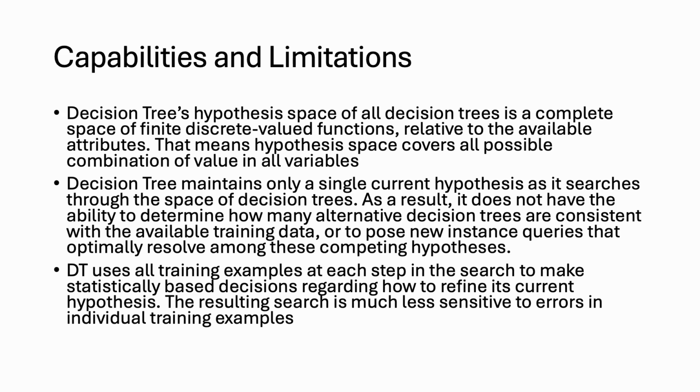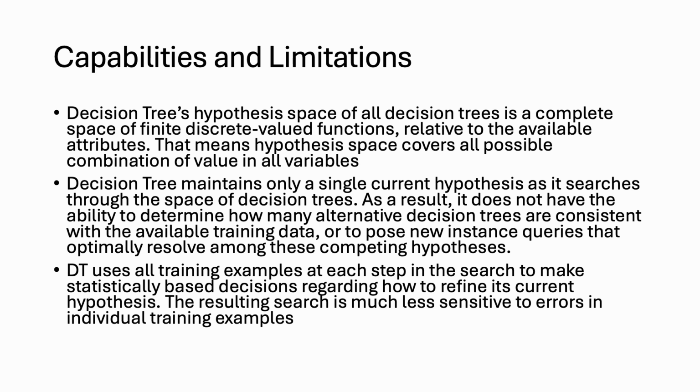Now we go to capabilities and limitations. The decision tree hypothesis space of all decision trees is a complete space of finite discrete-valued functions relative to the available attributes. That means the hypothesis space covers all possible combinations of values in all variables. The decision tree maintains only a single current hypothesis as it searches through the space of decision trees.